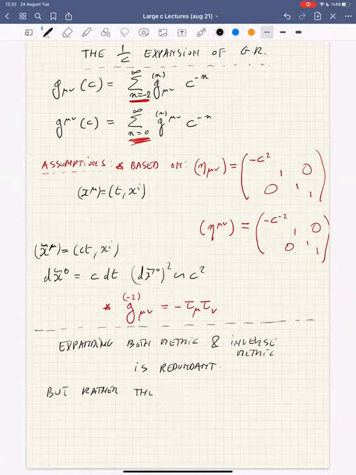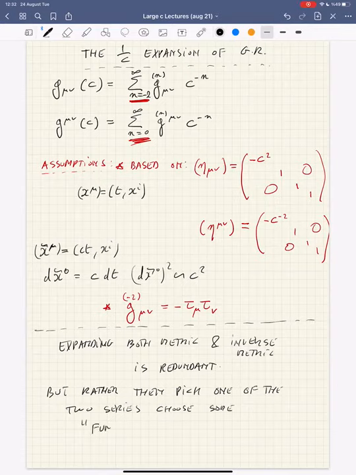So that rather than pick one of the two series, choose some fundamental, if you like, variables in each of those.